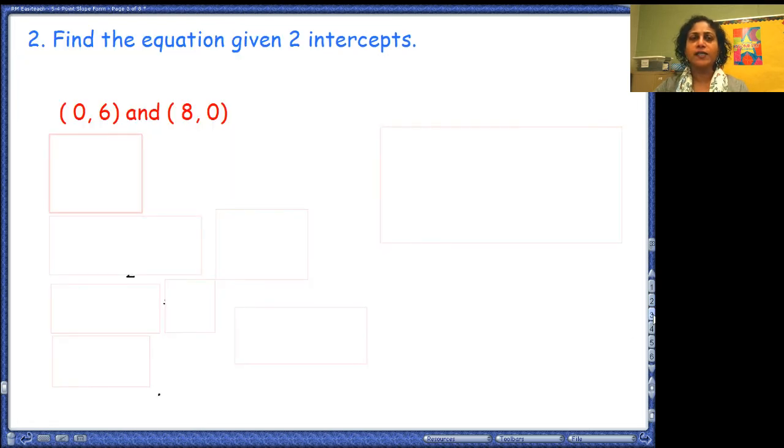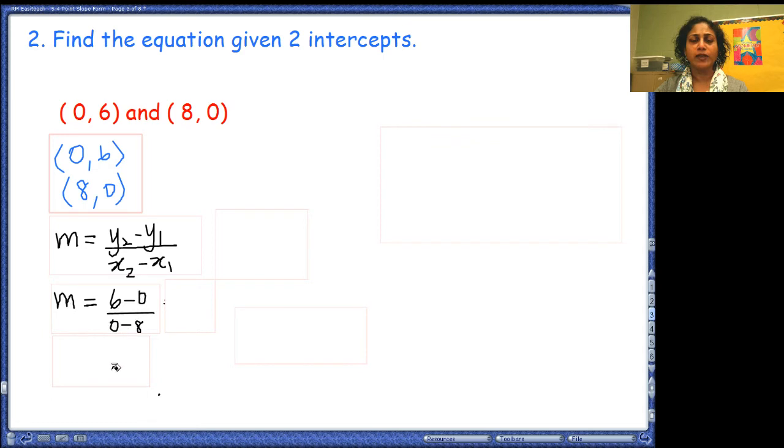So let's find the equation if the intercepts are given. You now have to train yourself to recognize that if there are zeros in the ordered pair, it's either the x-intercept or the y-intercept. So in this case, the two ordered pairs are (0, 6) and (8, 0). You're going to write them one below the other. And then you're going to start off with the formula and plug in, simplify, and make sure you reduce it to its lowest terms.